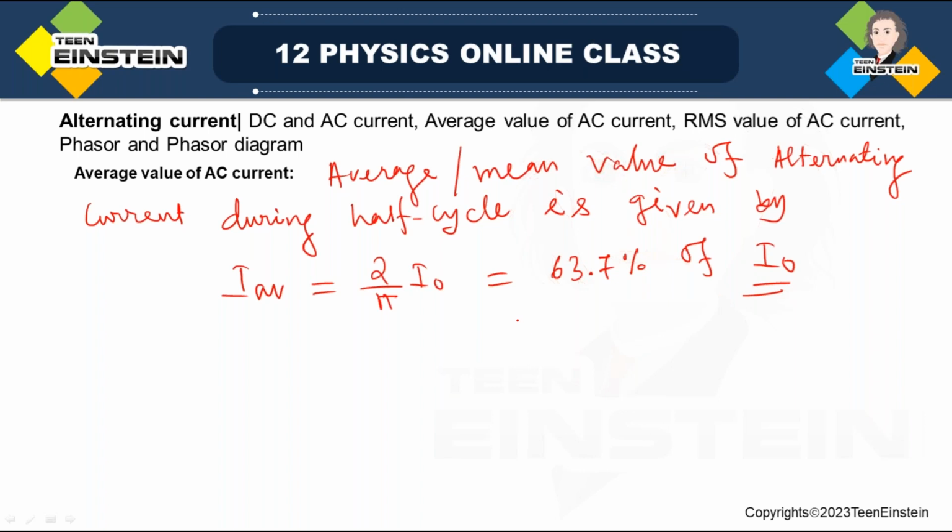It doesn't give you the full magnitude of the alternating current, nor does it give zero. It is actually 63.7% of I0. So this is one way to describe the average value of alternating signals, current or voltage.